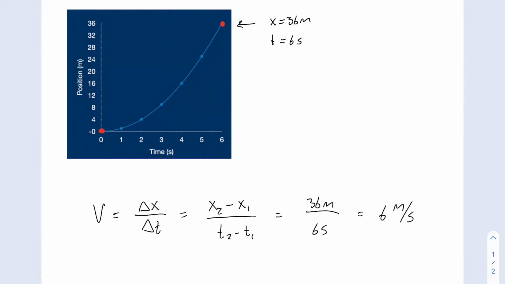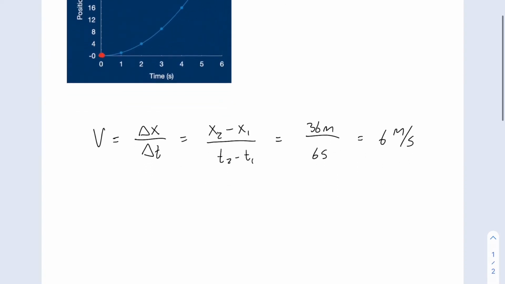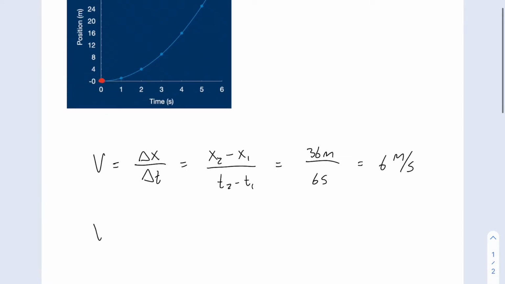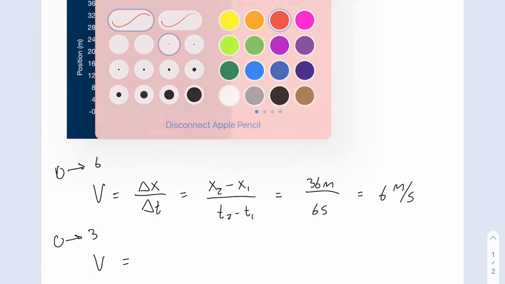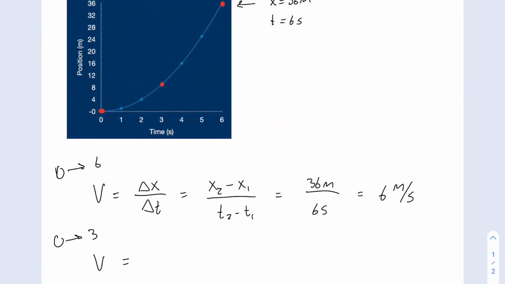Let's just say they wanted to know the average velocity for the first 3 seconds. So this is 0 all the way to 6 seconds, and this is 0 to 3. Now we're looking at this point right here.